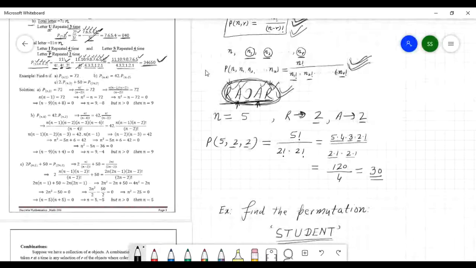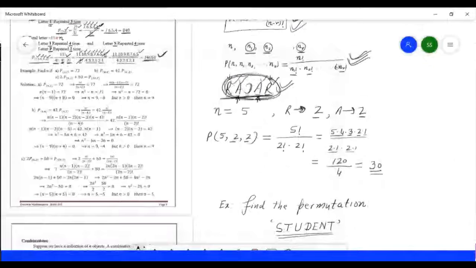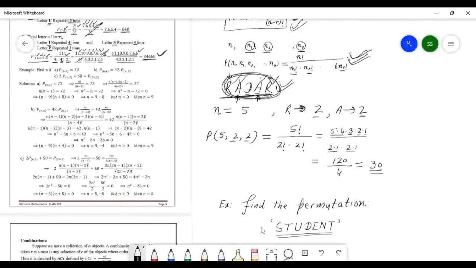Abdul Wahid, solve this and tell me what is the solution. 2520. Solve this.